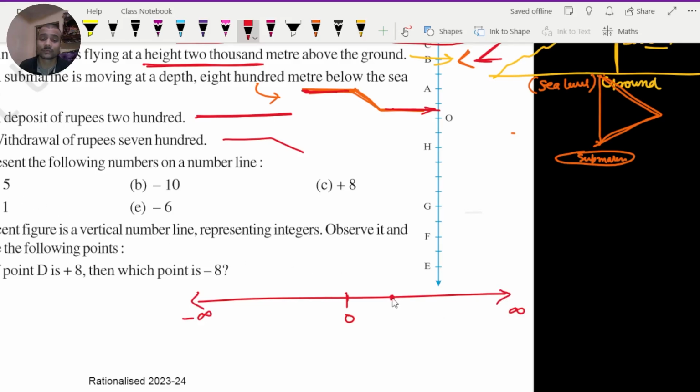Plus 5 somewhere will be here. Minus 10 will be somewhere here. Plus 8 will be here. Minus 1 somewhere will be here. Minus 6 somewhere will be here. You can make in better position like that, and you will be in better position to demarcate all that on number line.